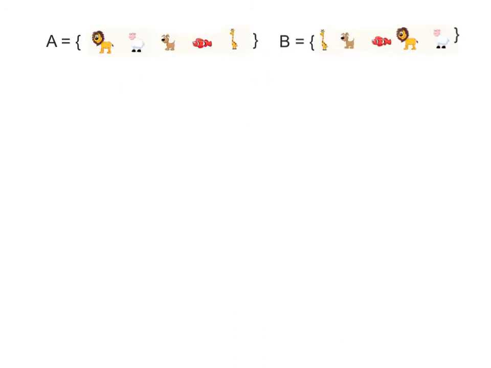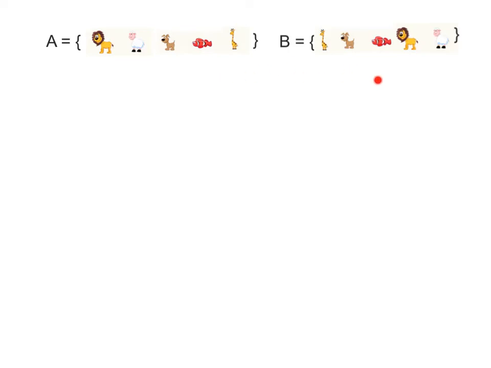Let's say we have two sets, A and B, and in the first set we have lion, sheep, dog, fish, and a giraffe. Look at the next set. In the set B we have giraffe, dog, fish, lion, and a sheep. As you noticed, we have exactly the same elements in set A and set B, but they are in different order. They're not in the same order, but they are exactly the same.